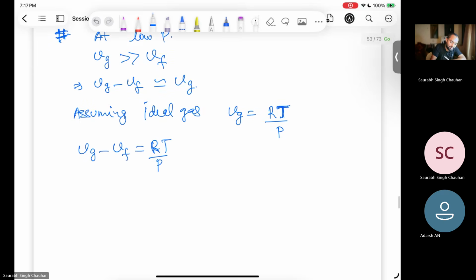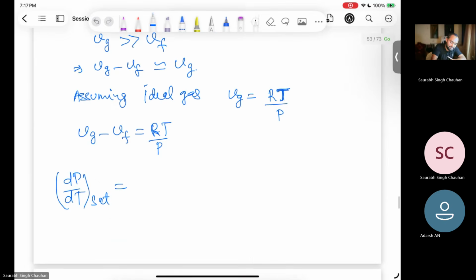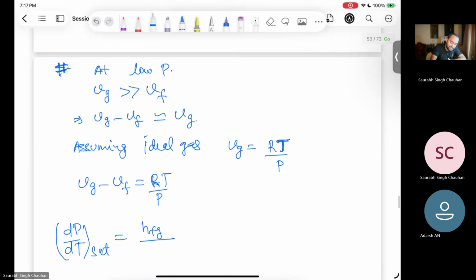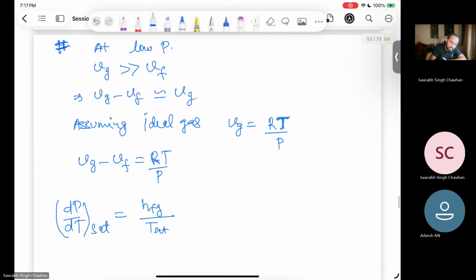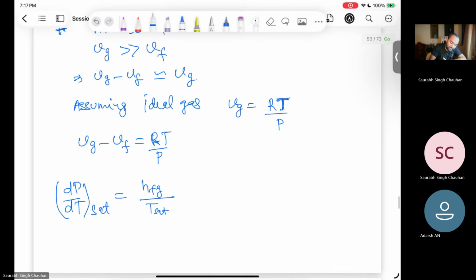So this we can substitute in the Clapeyron equation. What was the Clapeyron equation? dP by dt at saturation was equal to HFG divided by T and Vg minus Vf. So Vg minus Vf is RT by P. Again, this is saturation pressure and saturation temperature.